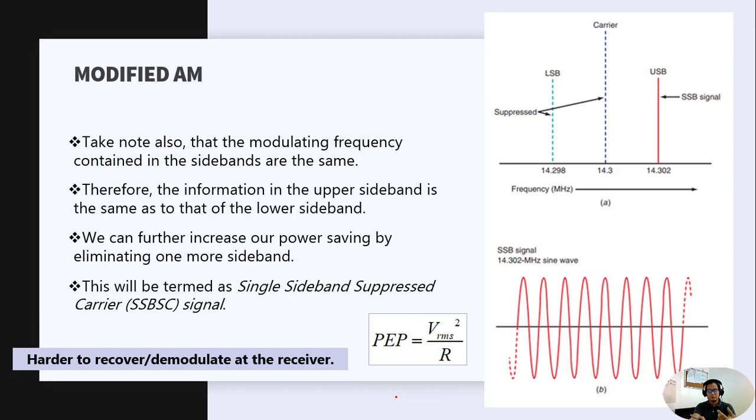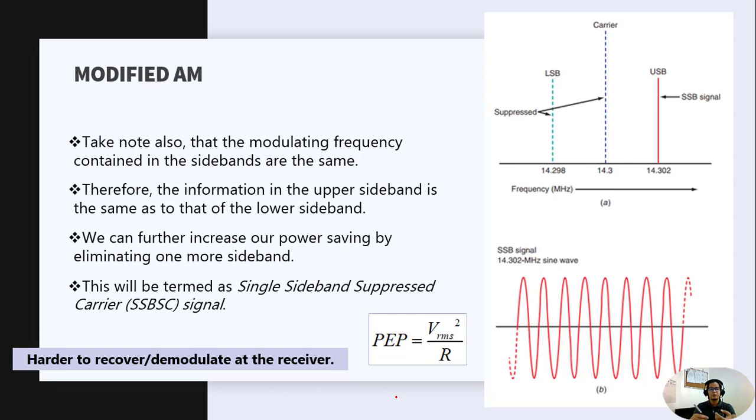Now, if we're going to suppress the carrier pagdating sa receiver side, what carrier are we gonna use? Diba?